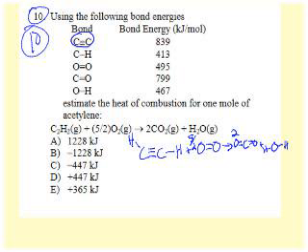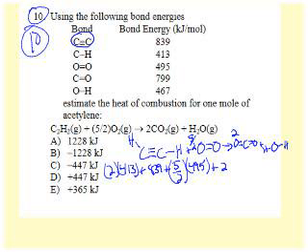Okay. So I have 2 C to H bonds, so 2 times C to H is 413, and these are breaking, so they're positive. Plus 1 C triple C, again it's breaking, so it's positive, 839. Plus, now I've got oxygen, 5 halves times O double O, which is 495. Again, I'm breaking it, it's positive.